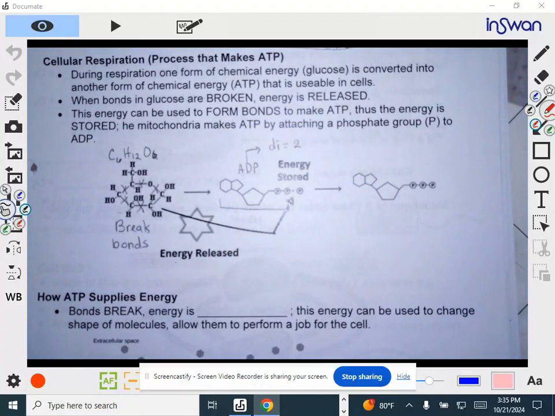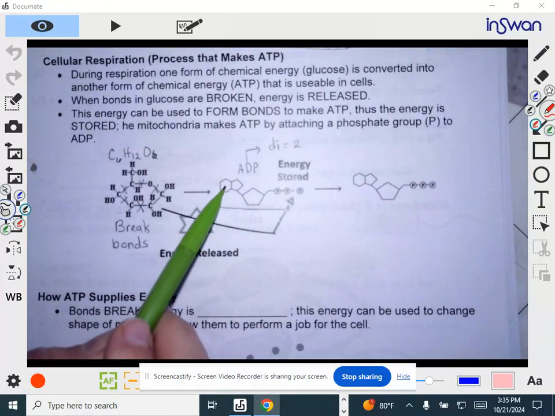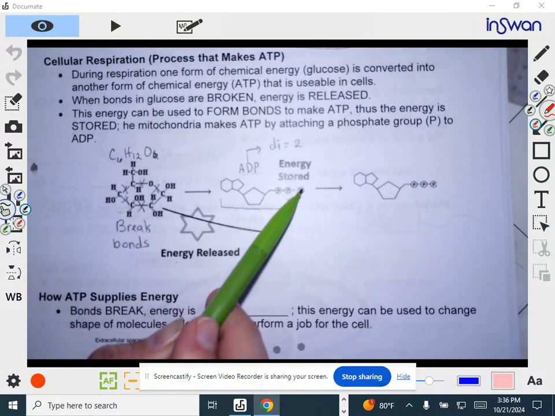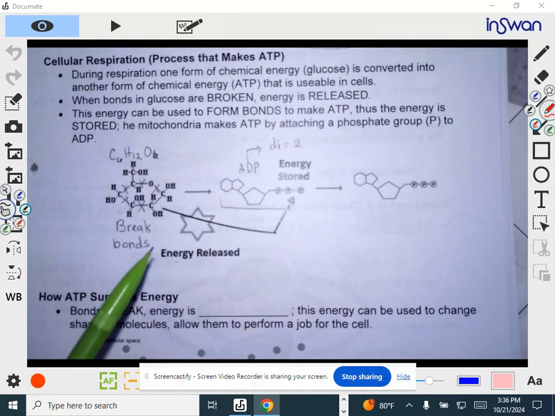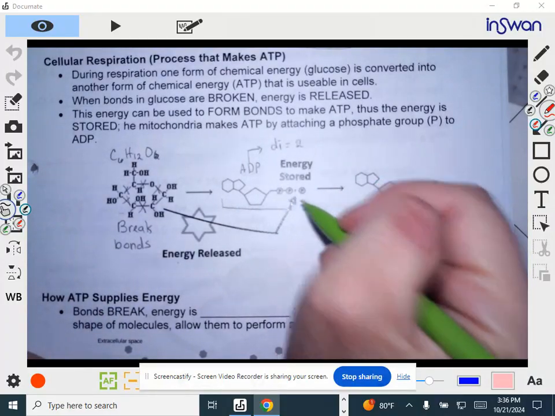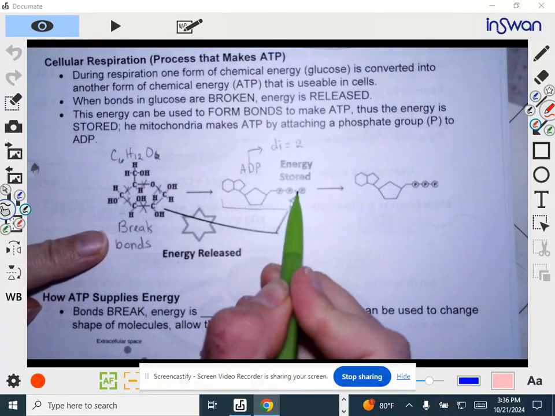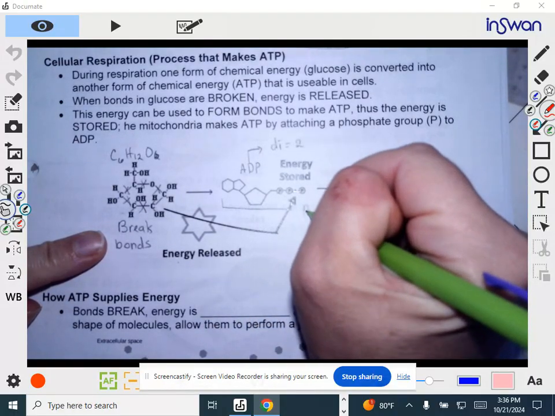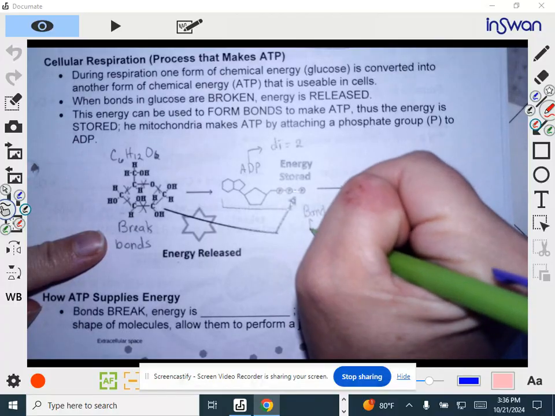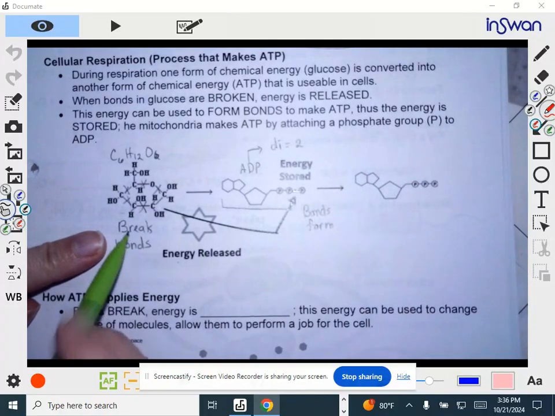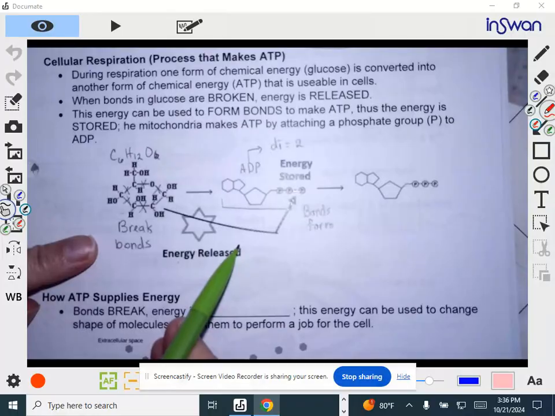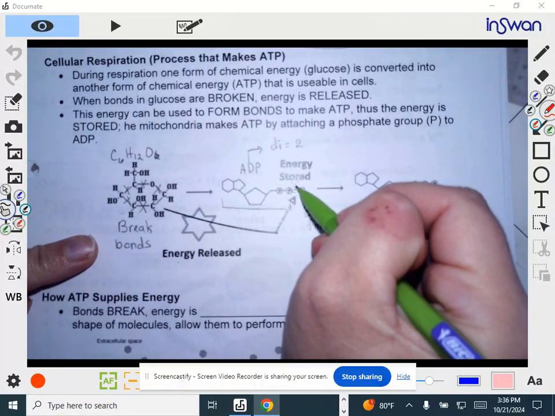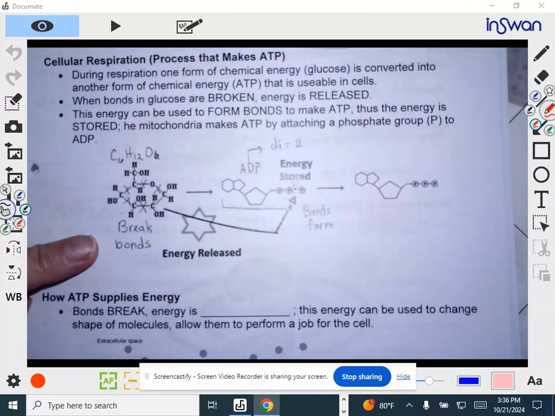So when the mitochondria makes ATP, all it does is it has an enzyme that can hook on to ADP, and it then can put another phosphate on it. So when bonds are formed, let's show a bond forming when that phosphate is put on here. When bonds form, this energy that was released from glucose is now stored in those bonds that formed, okay?